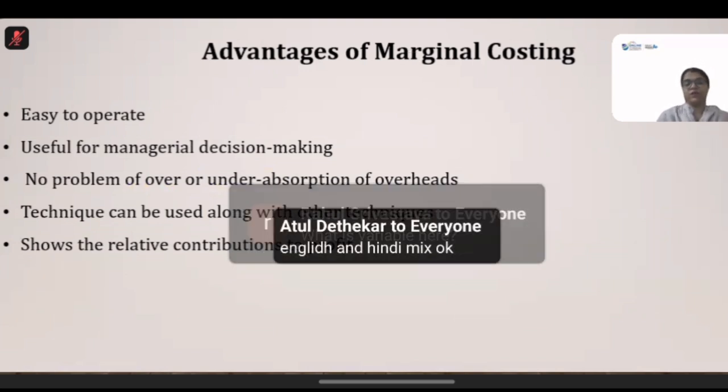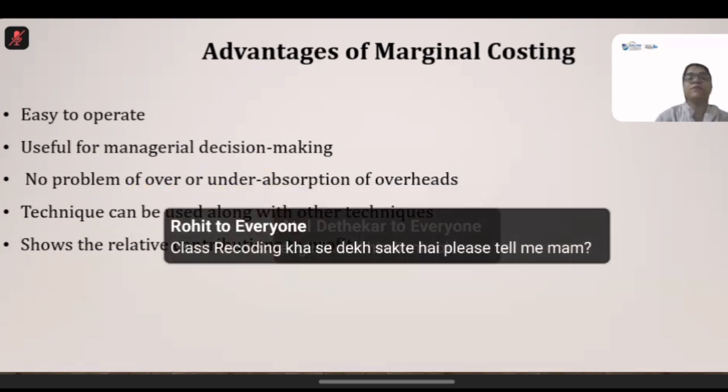Now, what are the advantages of this marginal costing?